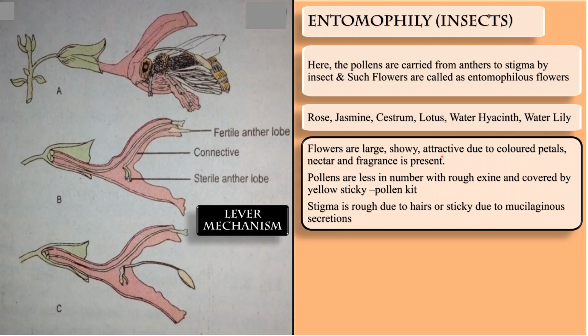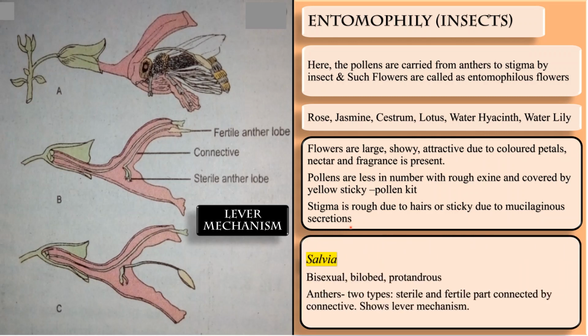Entomophilous flowers are large, showy, attractive due to colored petals. They also produce nectar and fragrance. Pollens are less in number with rough exine and covered by yellow sticky pollen kit. Stigma is rough due to hairs, or it may be sticky due to mucilaginous secretions.